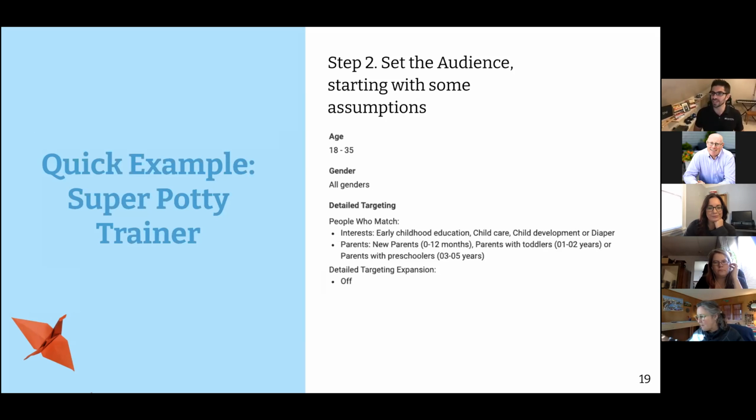The second thing that you would do in a case like this with a client like this is determine who your audience is going to be, right? In this case, the audience is basically men or women, doesn't matter, as long as they're in this particular age bracket and they have these particular targeting measures. So they're interested in childcare, child development, they're new parents.